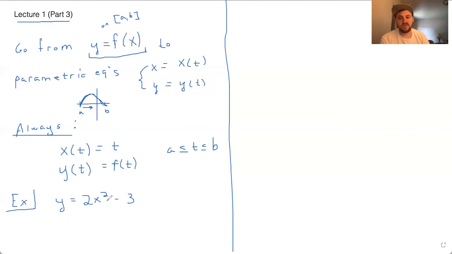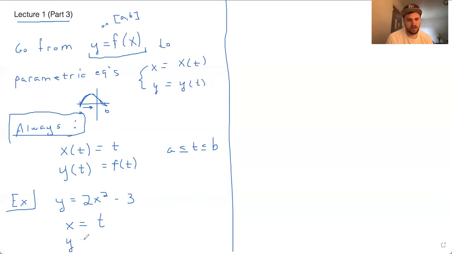The domain of this function is all real numbers, so we could get away with doing negative infinity to infinity, or we could assume it's just on some finite interval. But either way, if we want to take this equation and express it as a parametric equation, what we just learned is we can just say, let's let x be t.